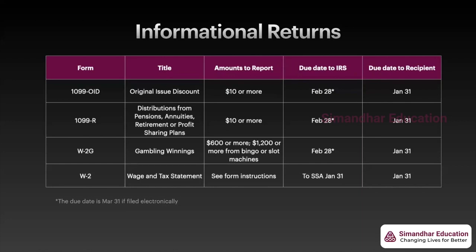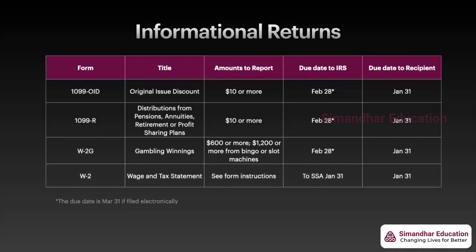So again, there are two due dates, because there are two different participants here. One is the IRS, which is the tax authority, and the other one is your recipient, the end person who will be utilizing this information to file the actual tax return. Does that answer your question?